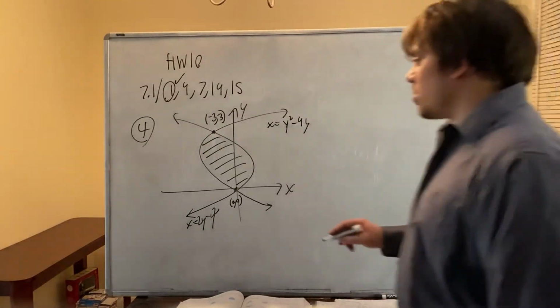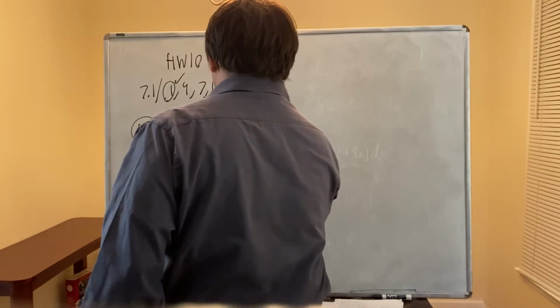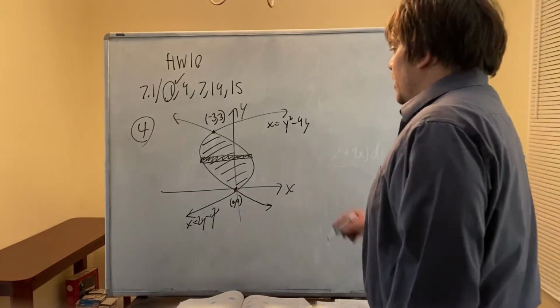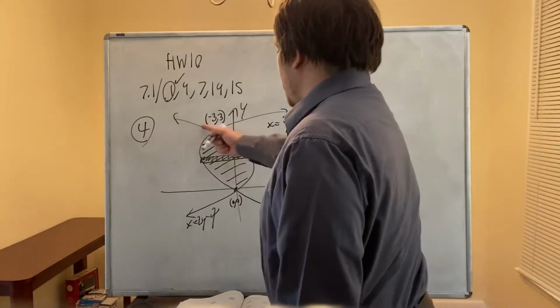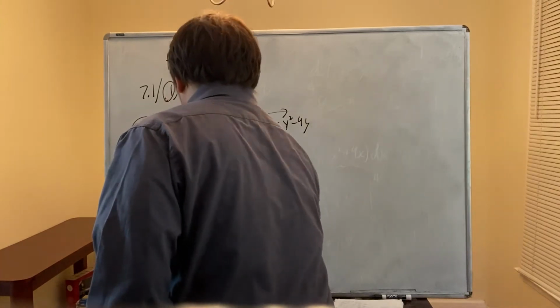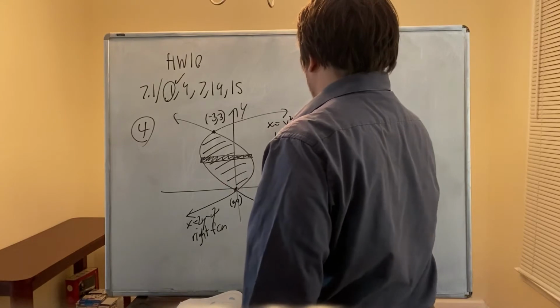Okay, so here our approximating rectangles will be horizontal approximating rectangles. And so that tells us that there's going to be a right function and a left function. Okay, so since this is the right side, this is the right function. And since this is the left side, this is the left function.